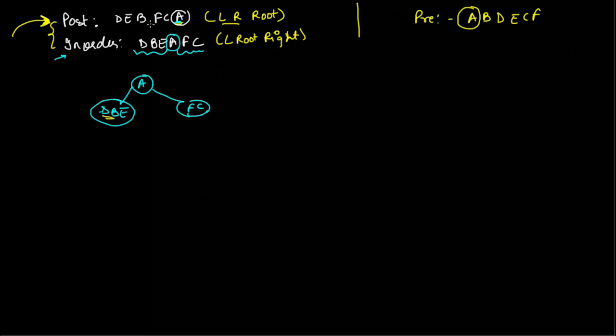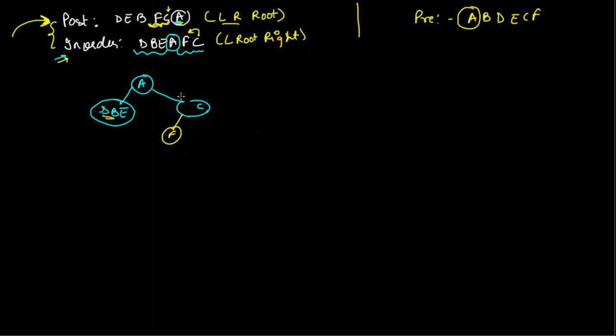So if you see here we have this FC, right. In this FC on the rightmost side we have C, so that means C is the root, and we have to identify now whether F is in the right part or the left part of this C. For that you go to the in-order and you see for this C this F is in the left, that means this F will be in the left subtree for this C.